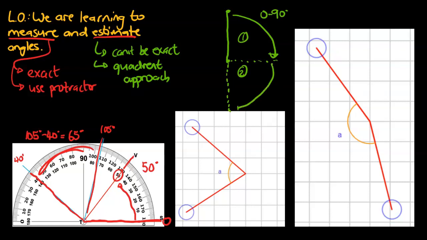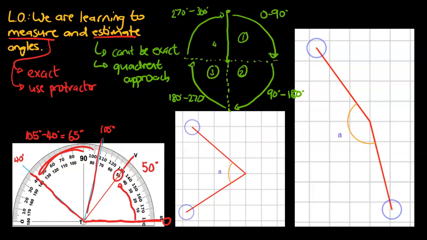If it's anything in this range, it's going to be somewhere between 90 degrees and 180 degrees. Again, we add in our third quarter over here. Anything in this direction is going to be 180 degrees to 270 degrees. And finally, 270 degrees to 360 degrees. The bottom one is our third quadrant, and the top one is our fourth quadrant.